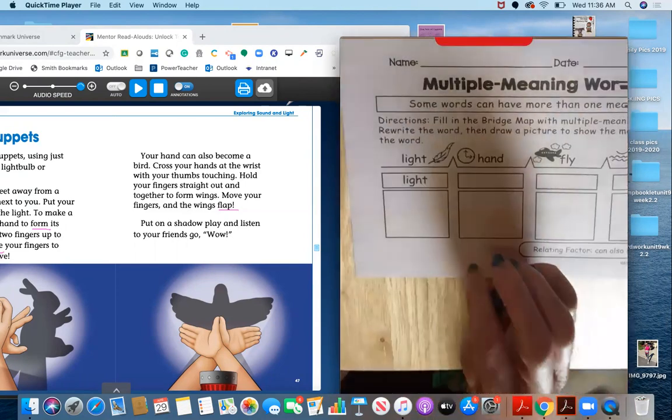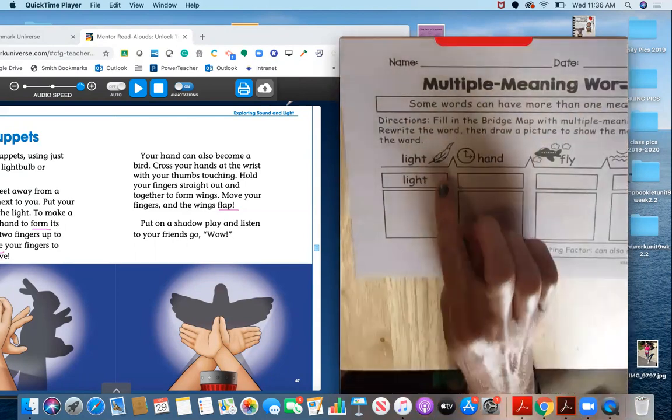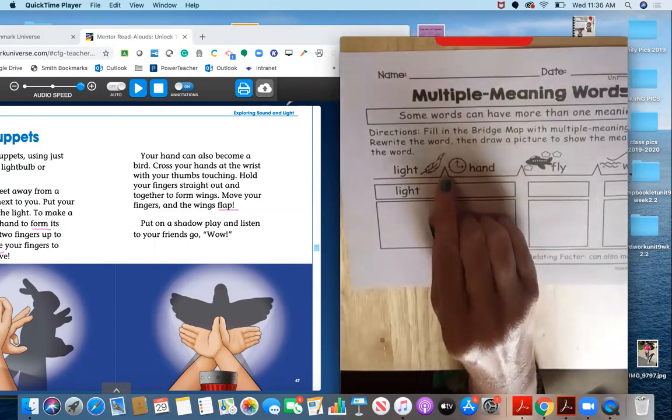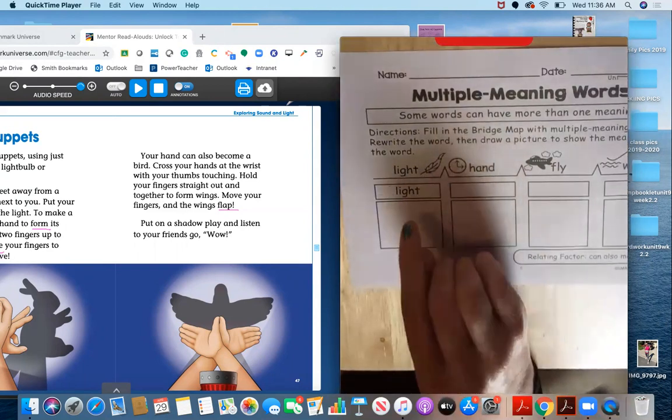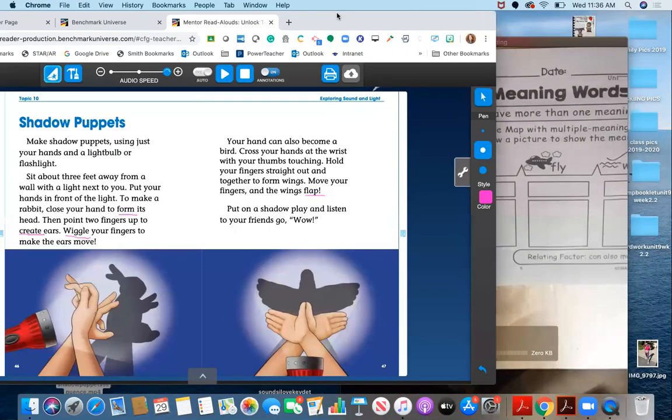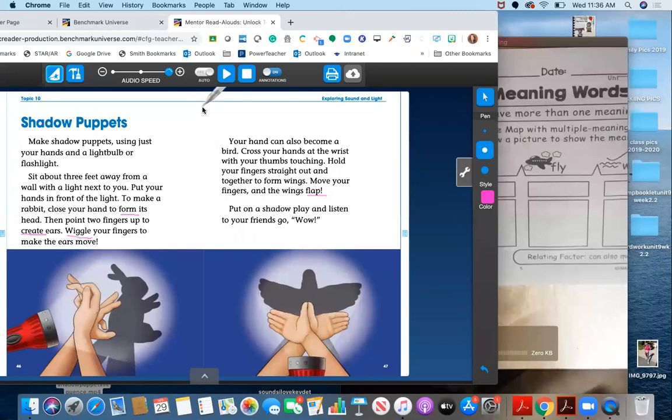So the first one is light, and this picture is showing a feather because feathers are very light in weight. Now we need to think of another meaning of the word light. Let's look back in our text. Make shadow puppets using just your hands and a light bulb or a flashlight.